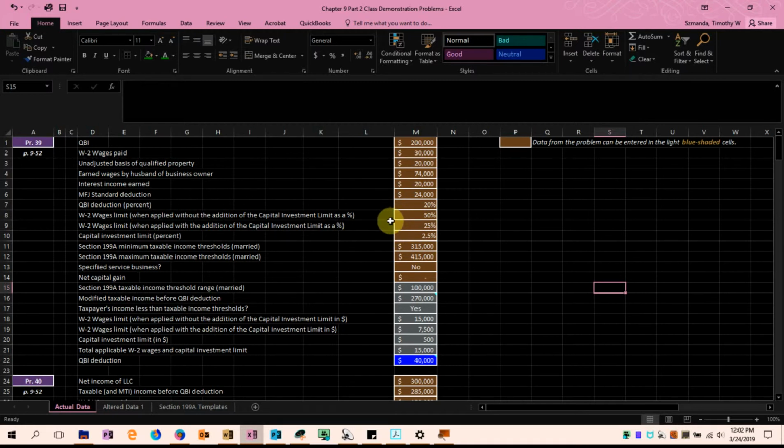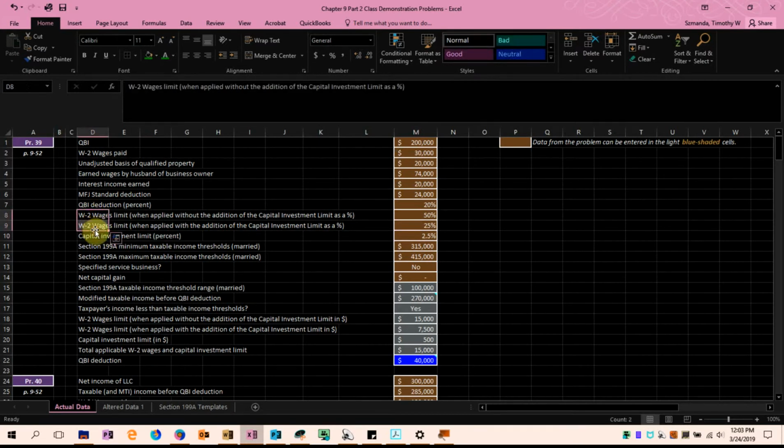Now, I'd like to make just one observation here. If you look on page 9-29, Concept Summary 9.4, in two of the pink boxes, they talk about these limitations regarding 50% of wages and the sum of 25% of wages and 2.5% of the capital investment.